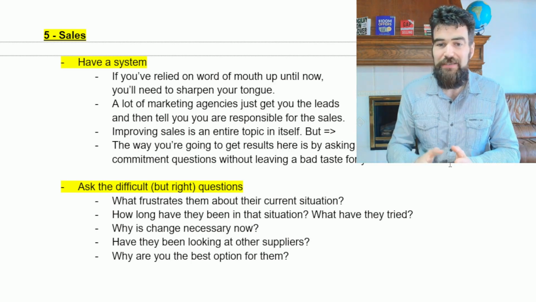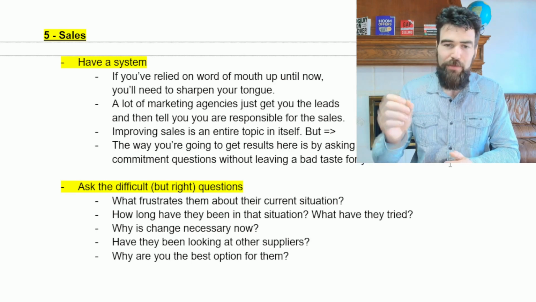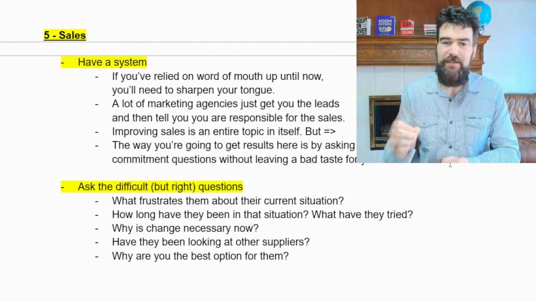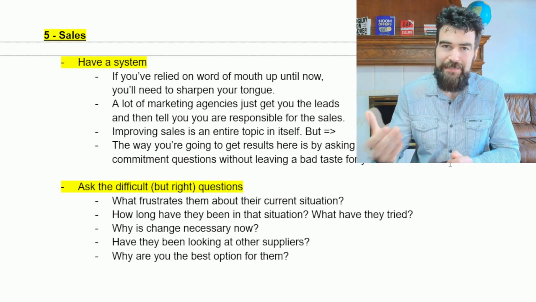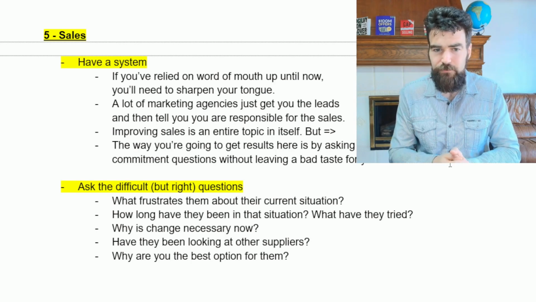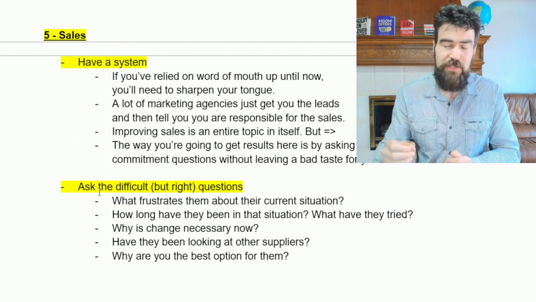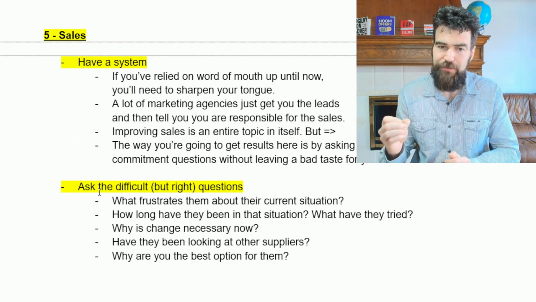Now, improving sales is an entire topic in itself, but the most important part here is that the way you're going to get results is by asking commitment questions without leaving a bad taste for your customer. So you'll have to ask the difficult but right questions for your customer to commit to your service.